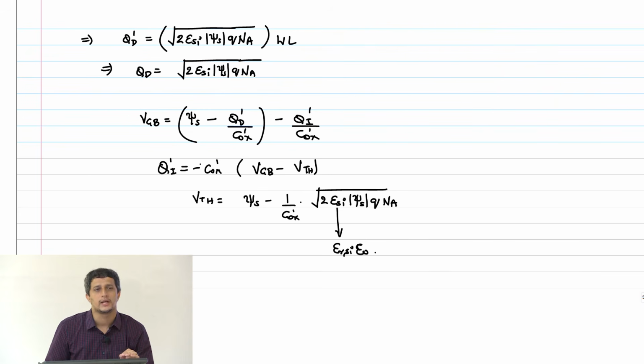So, effectively what is happening, of course there is a minus sign here because it is negative. In order to create some inversion charge, which is going to be useful for current flow in the form of free electrons, I need to first invert the channel, or invert the surface.